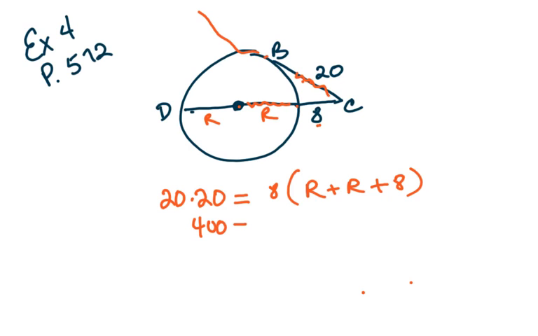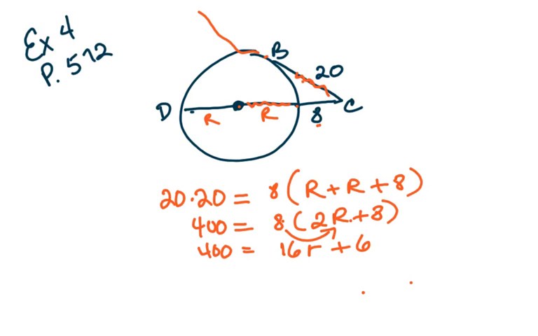Let's just put that down there right now. And this is really 8 times 2 of these, r plus 8. You see how I'm simplifying that? Okay, so 400 equals 8 times 2r, that's 16r plus 64, because it's 8 times 8. Okay, so far so good?